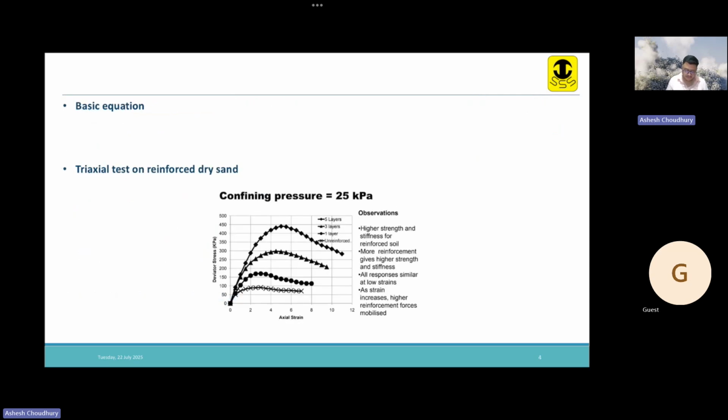Now, what is the basic equation that we know? The basic equation is at failure, F meaning at failure. I am not deriving all those things, because you already know this from your soil mechanics courses, so we won't spend much time.